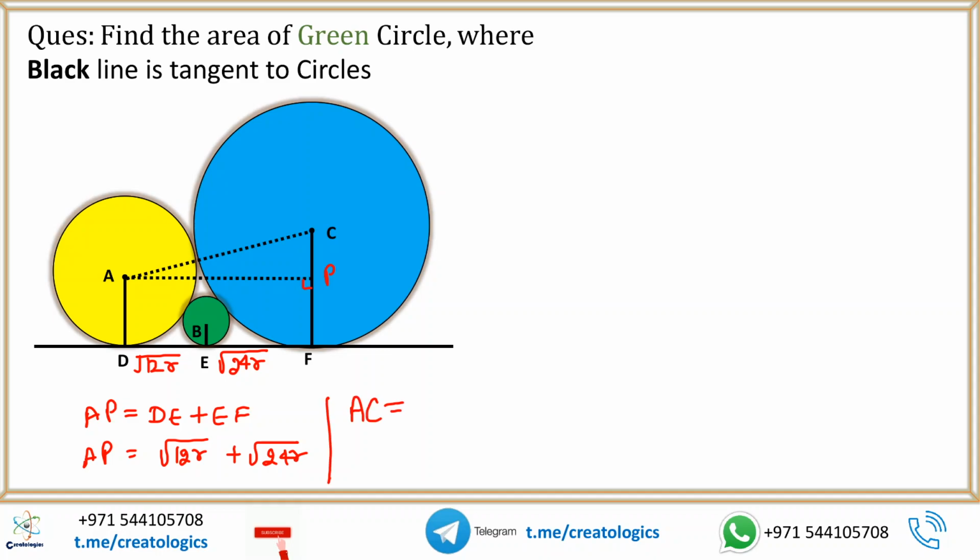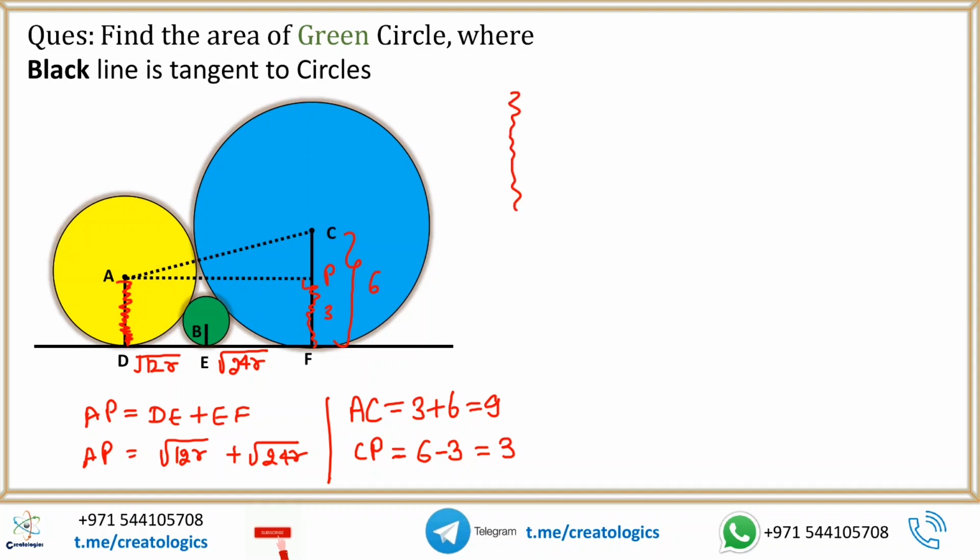So AC is the sum of the radii of the yellow and the blue circle, that gives me 3 plus 6 equal to 9. Now what about CP? CP, again we are using the same concept. This complete CF was 6 units and the PF is the same as the radius of this yellow circle AD, that is 3 units. So the length CP will be 6 minus 3, which comes out as 3 units.